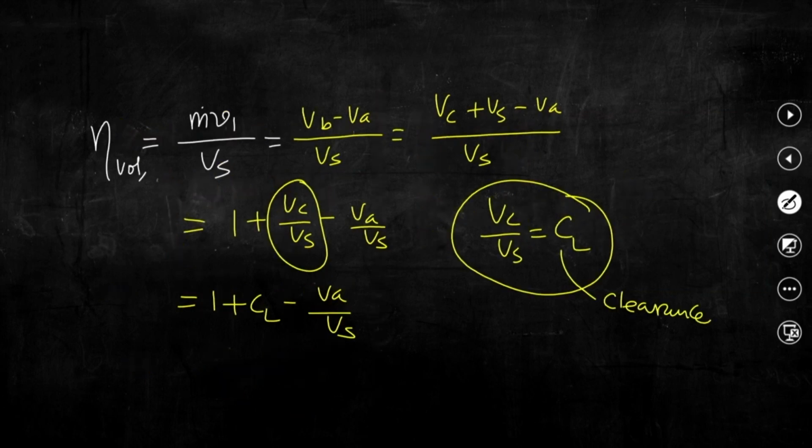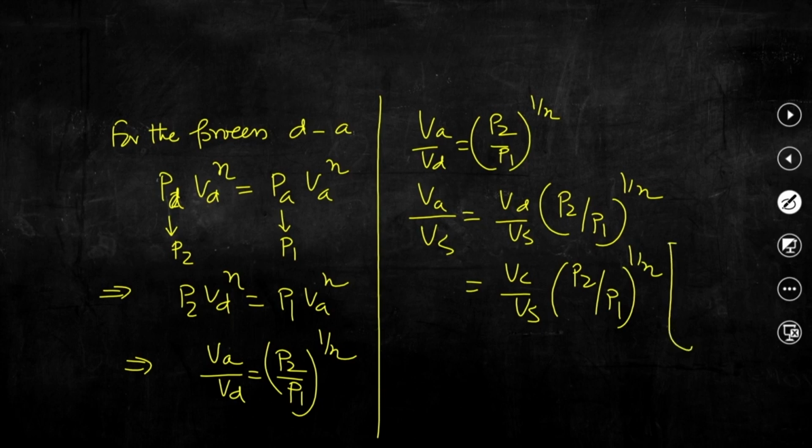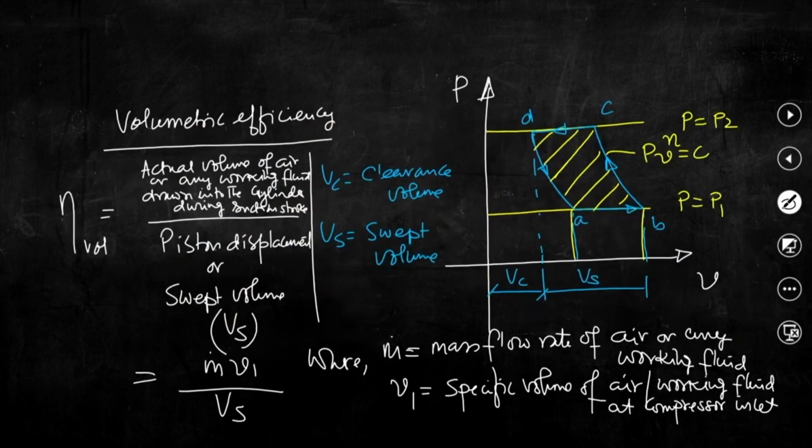And you know that we need to know about this Va by Vs to close this expression, and here Vd by Vs equal to Vc by Vs into P2 by P1 power 1 upon n, because Vd equal to Vc, that is the clearance volume.